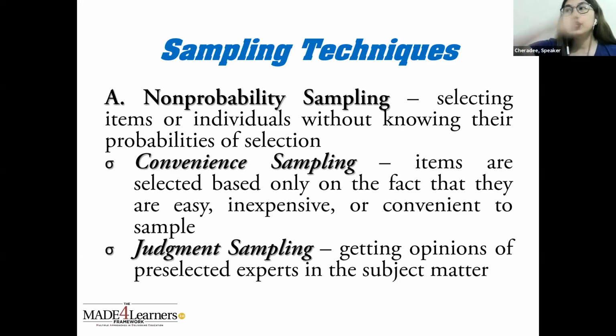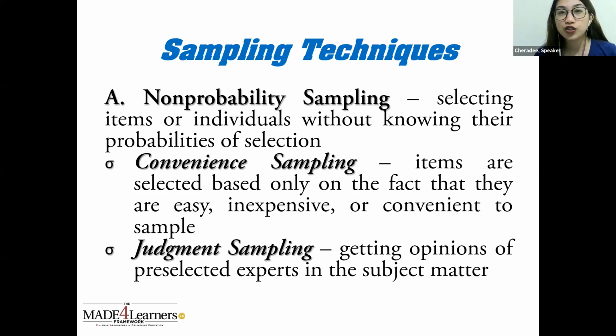So why not give the survey to them because you know that they have experience? That's actually convenient sampling. Okay, convenient sampling because you just give the survey to the people that is convenient on your end, because you know also that their results will give you ample information. Okay, that's convenient sampling. Okay, so it's inexpensive because whoever is near to you, you can do interviews. Like for example, you want to interview nurses with regards to their situations now.